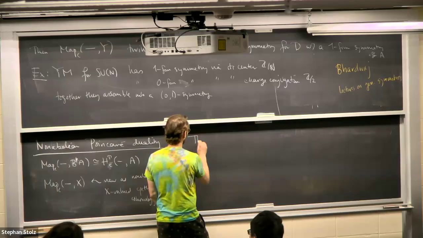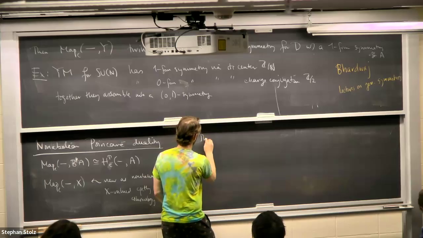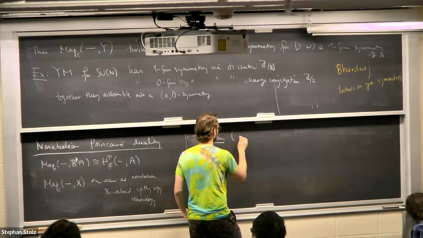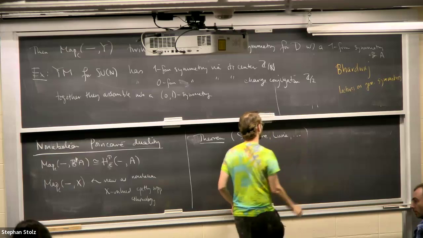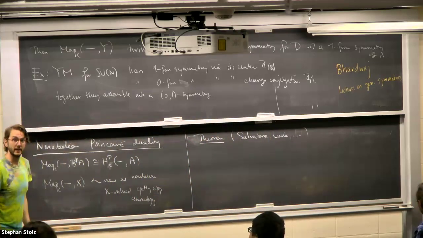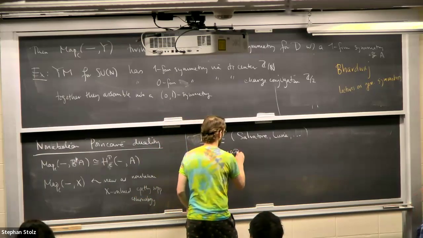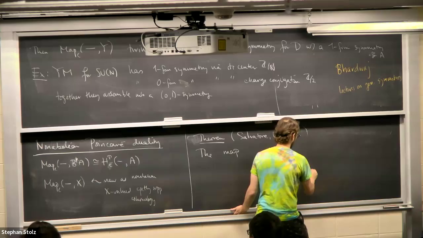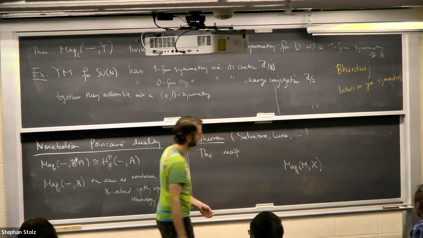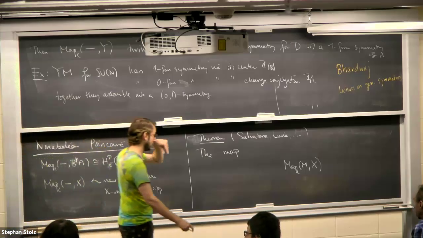So let me tell you the following theorem. This is due to Paolo Salvatore and Jacob Lurie, and there are several other proofs. The following statement. So I want to compute compactly supported maps from M into X. Now, I might try to cover M by disks, or think about how this functor behaves on n-dimensional disks.